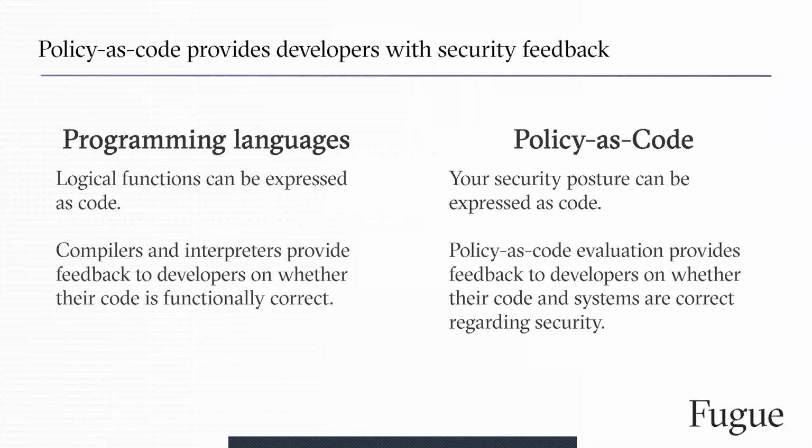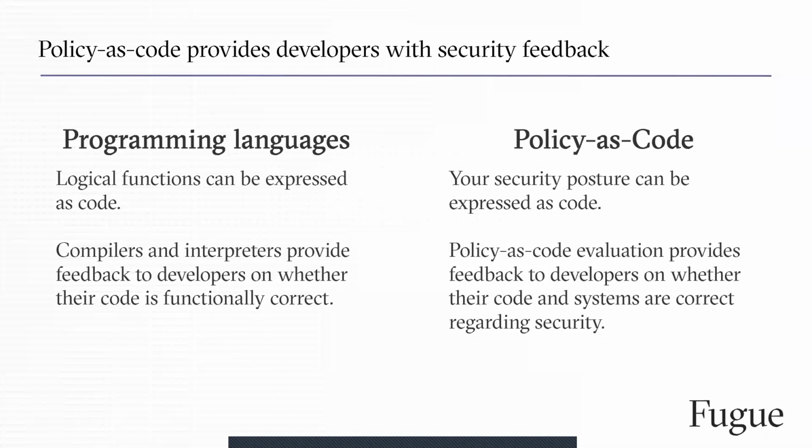You probably don't want to multiply a string by a floating point value because you're going to get an unexpected result. That's what programming languages are really good at. Developers out there, I'm sorry for the really simple description, but I think it's a decent one. They're really designed to tell you if your program is going to work and if it's going to work as you intended. Policy as code has a slightly different purpose.